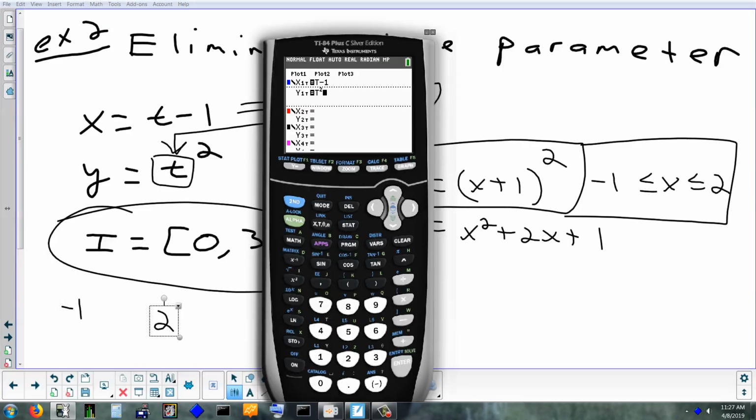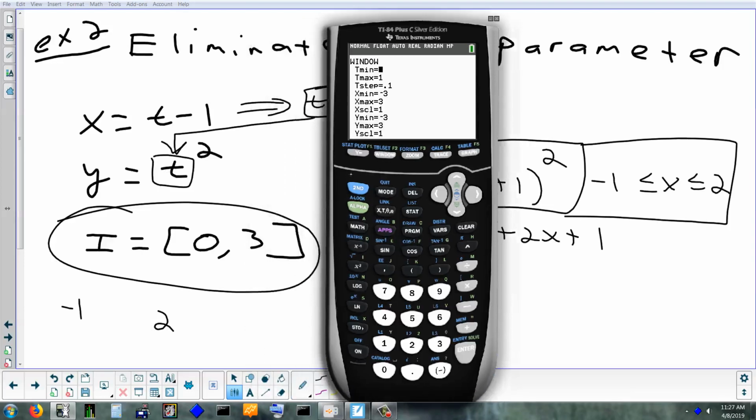Now, before you hit graph, what other screen do I have to go to? Window. I got to go to window, and I got to adjust my t min and max. It's not 0 to 3. I mean, it's not 0 to 1. It's 0 to 3. Okay, let's leave the window at negative 3 to 3. If we see it go off the screen, we can adjust it.